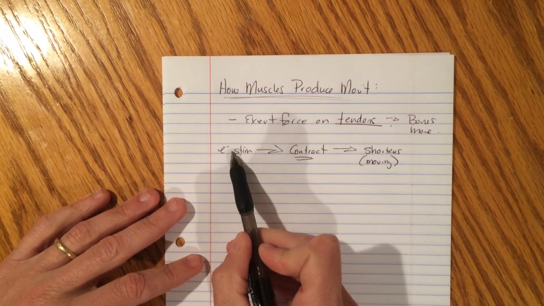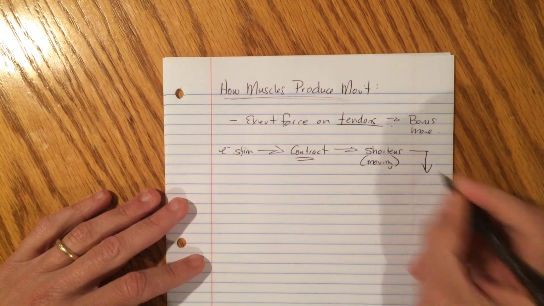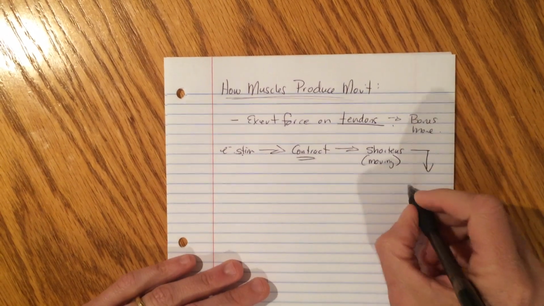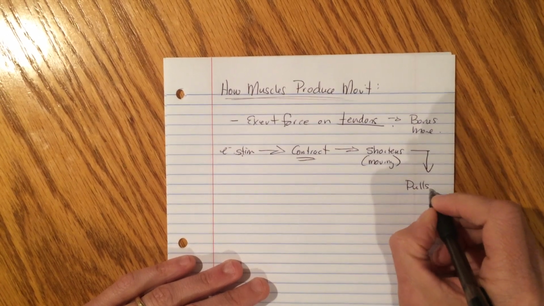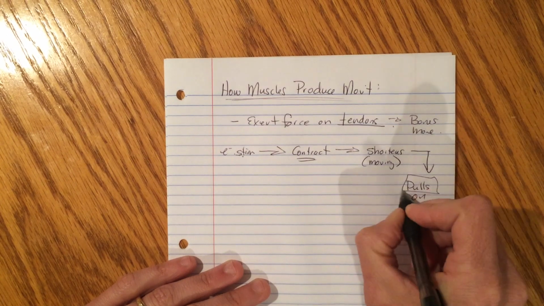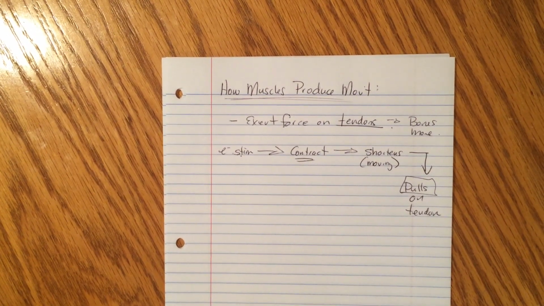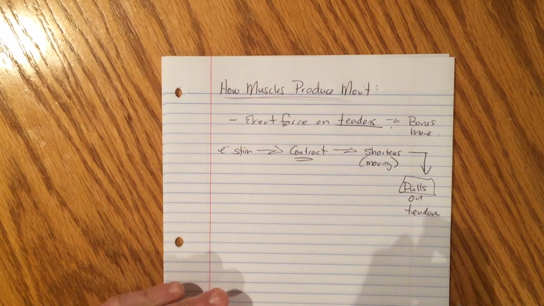So you get electrical stimulation from the brain. The muscle contracts. The muscle shortens. As the muscle shortens, the muscle then pulls on the tendon. And you've seen this before. Although you can push things, muscles can only pull on tendons as they shorten.